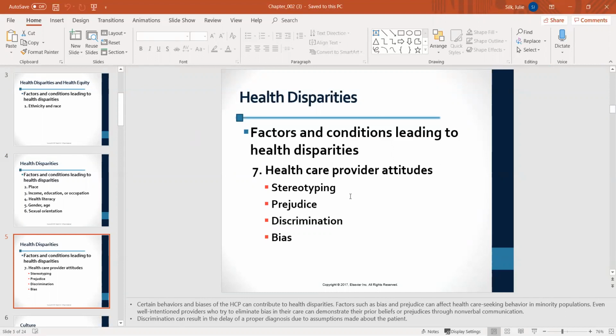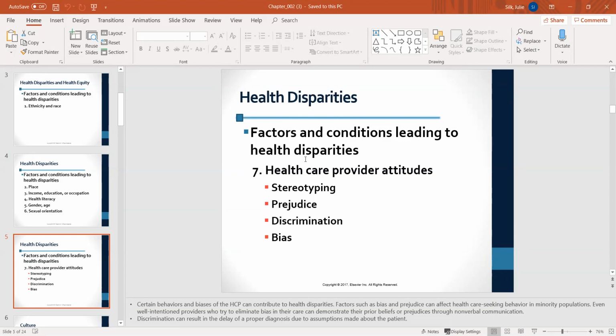Okay, this also talks about other things that can lead to health disparities. So a healthcare provider's attitude: certain behaviors and biases of healthcare providers can contribute to these. Bias or prejudice can affect healthcare seeking behaviors in minorities.